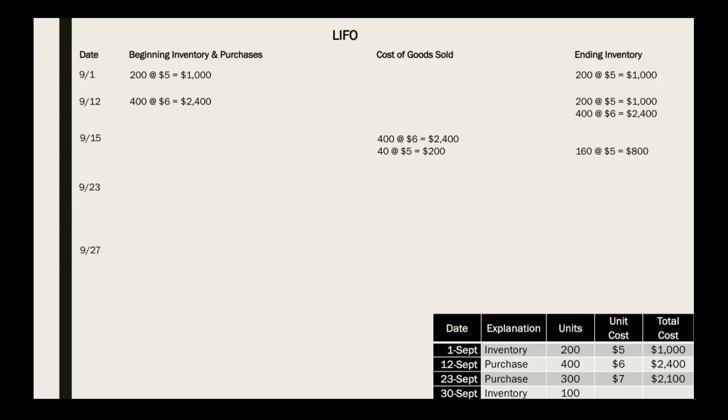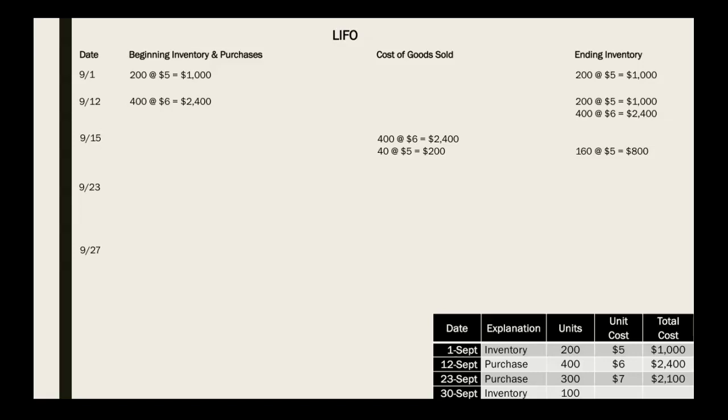And then we look over in our ending inventory, and we'll go piece by piece here. So we had 200 units at $5. We sold 40, so we have 160 units at $5 a piece left. 160 times 5 gets you $800.